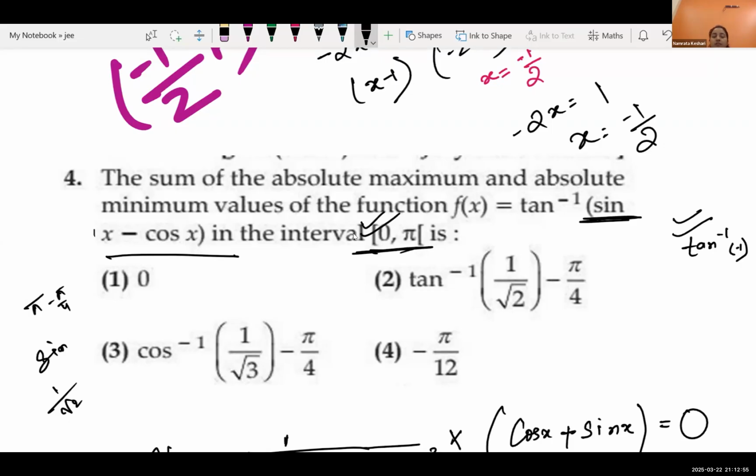And cos 3 pi by 4 will be cos of pi minus pi by 4, that means minus cos pi by 4, right? Yes. That means here already a minus sign is there. Cos pi by 4 value is 1 by root 2. So can we say 1 by root 2 plus 1 by root 2? Getting it, Meera and Upasna?